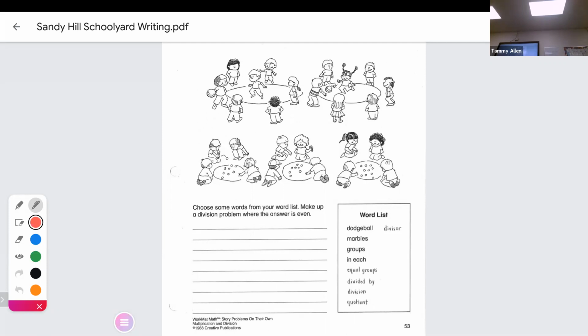The word by itself you can use, just not any combination of there and any form of be. This time we're making up a division problem where the answer is even.